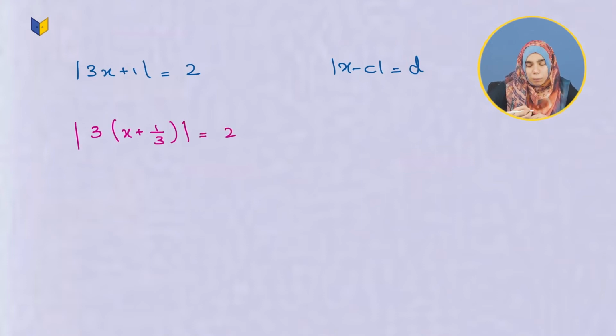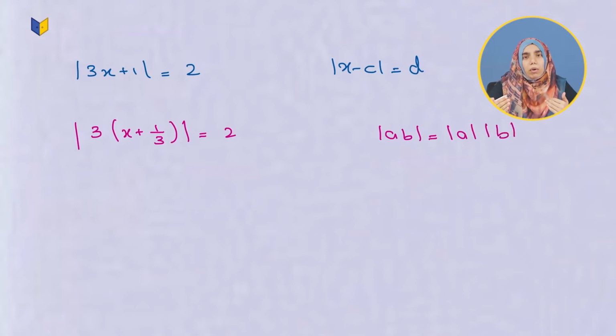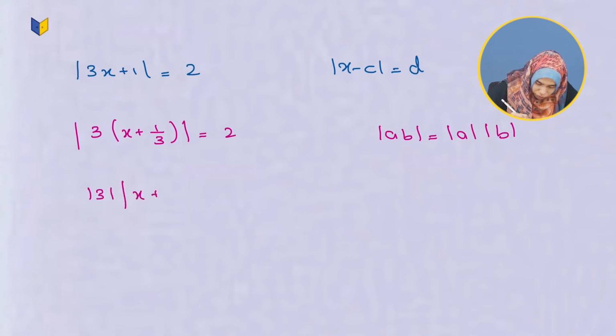Here you have to use the property which says that if you have mod of AB, it becomes the same thing as mod of A times mod of B. Basically, you can split the mod. Mod of the product is always equal to the product of mods. So this is just mod 3 times mod x plus 1 upon 3, which is equal to 2, and mod of 3 is 3 itself.